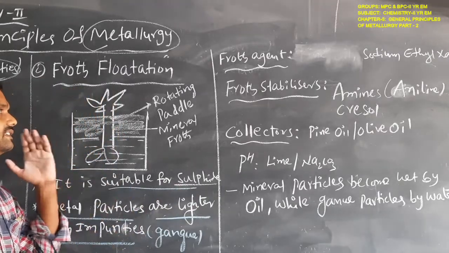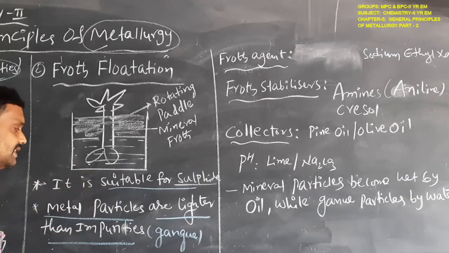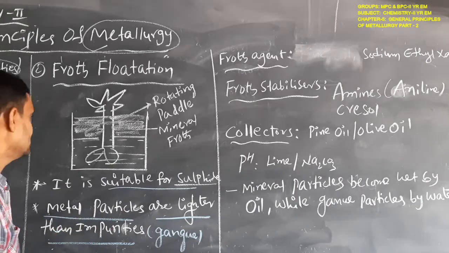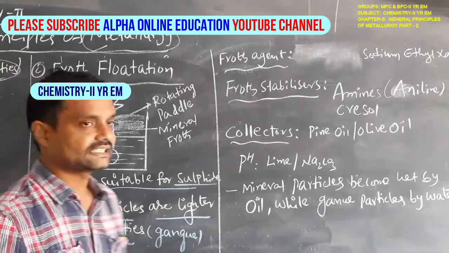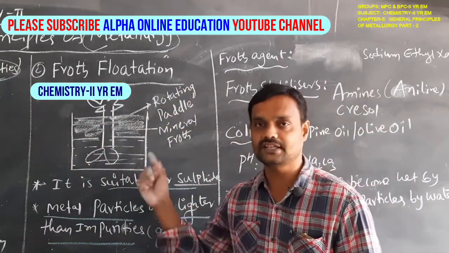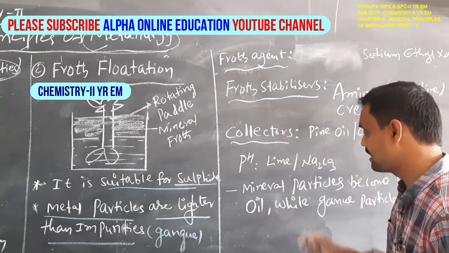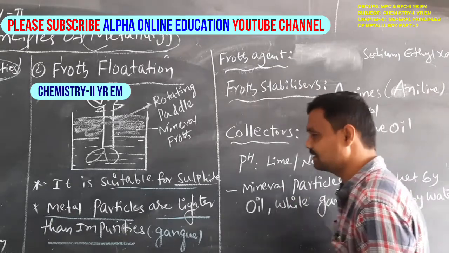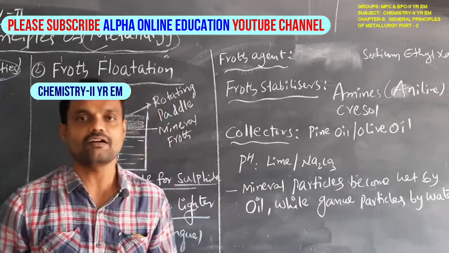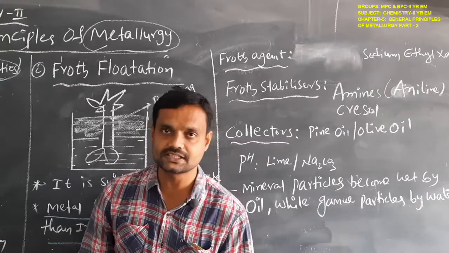After adding, the rotating paddle is rotated. When it is rotated, the metal particles are lighter than the impurities, so the minerals collect in the froth and the impurities settle at the bottom of the vessel. The main conclusion for this froth flotation process is that mineral particles become wetted by the oil, while the gangue particles are wetted by the water. So this is the simple froth flotation method.